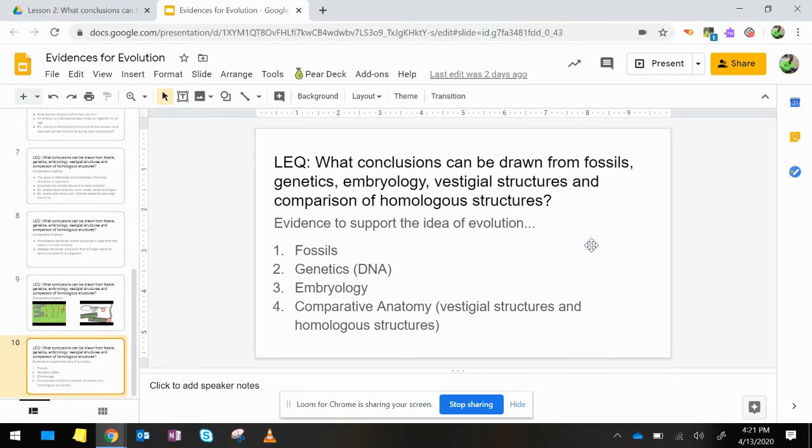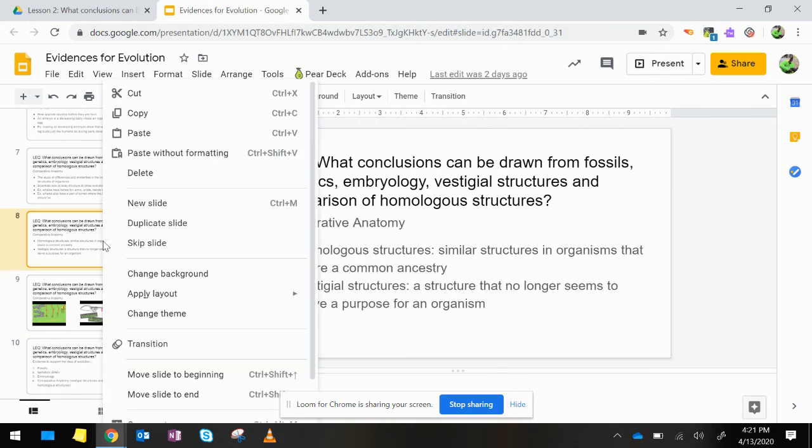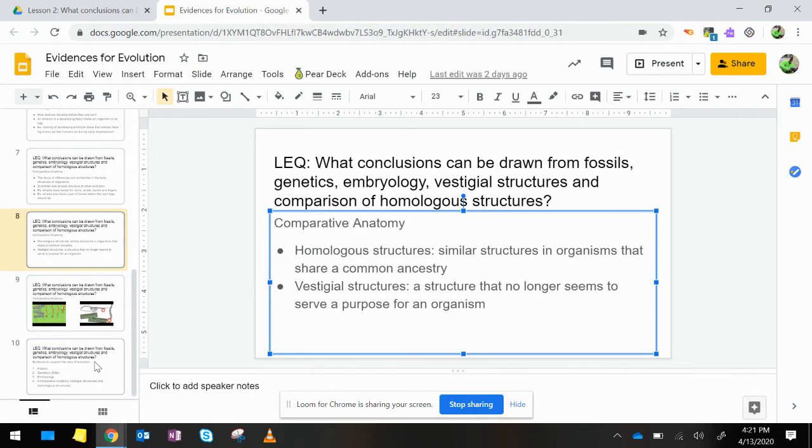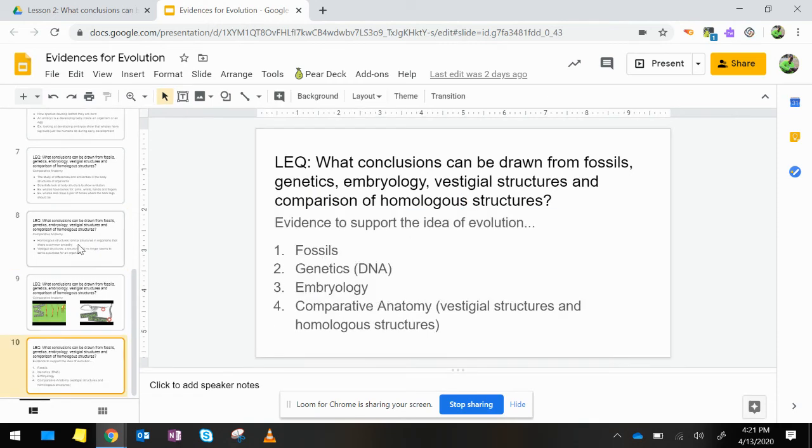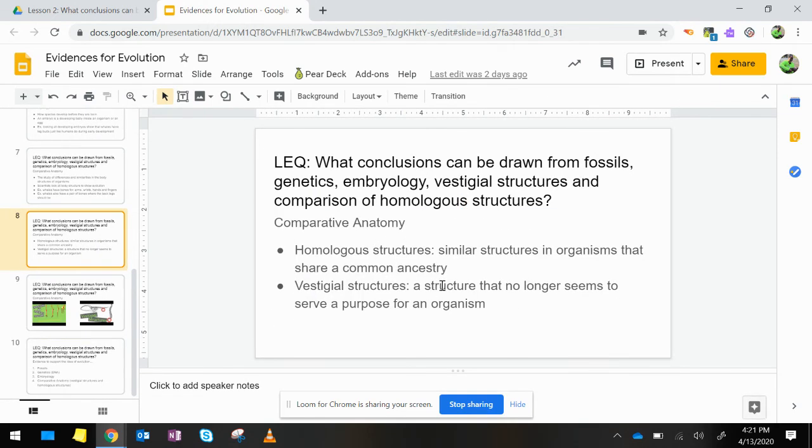And within them, you should know vestigial structures are the ones that no longer seem to serve a purpose for an organism, and your homologous structures are the ones where you have a similar structure in organisms that shared a common ancestor.